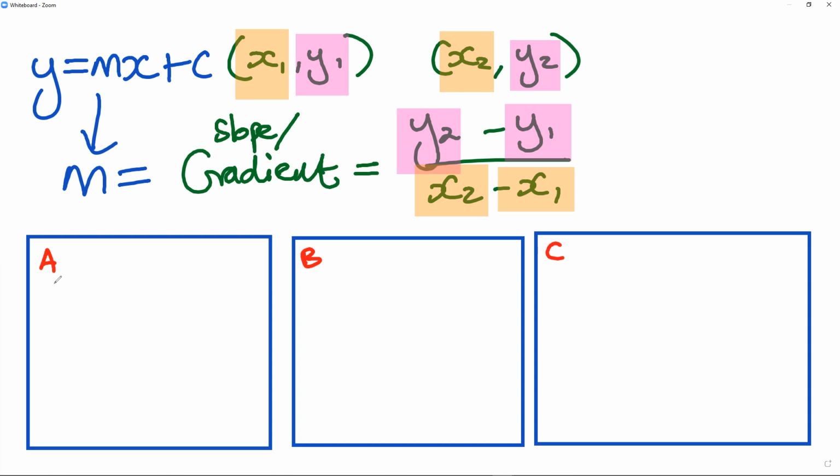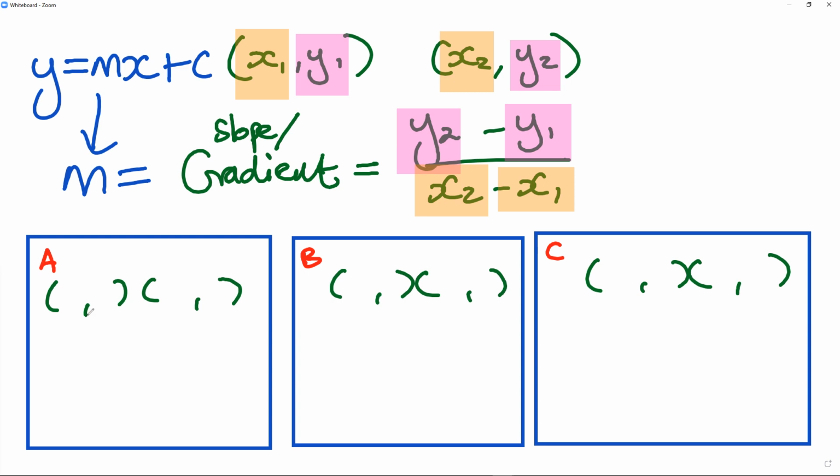The coordinates are going to start with two positive coordinates, then two negatives, and then three negatives, or one negative and two negatives. Let's see. All right, get your pen and paper ready, and let's see if you can do this.